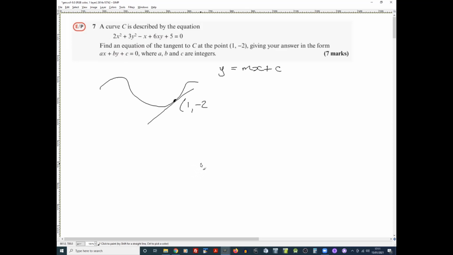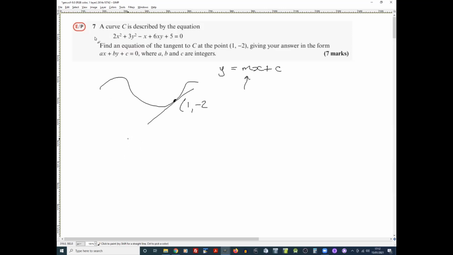The gradient. Exactly. For which we shall use what method? In order to find m, the value of the gradient, wouldn't we use implicit differentiation? Exactly, yes. That's why it's implicit.